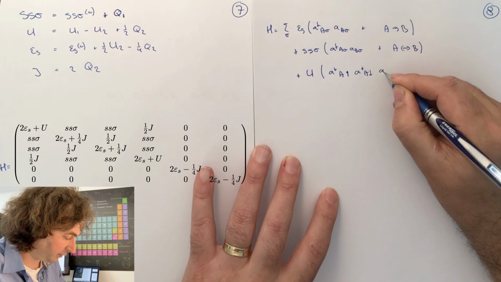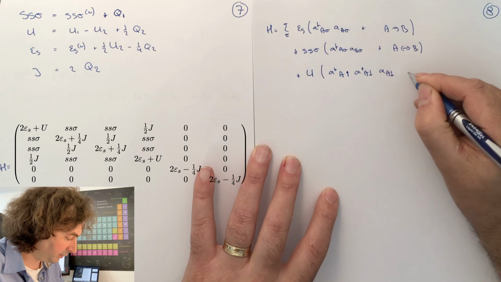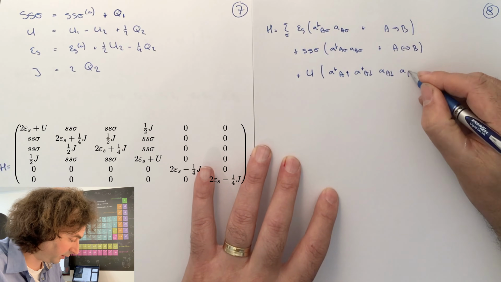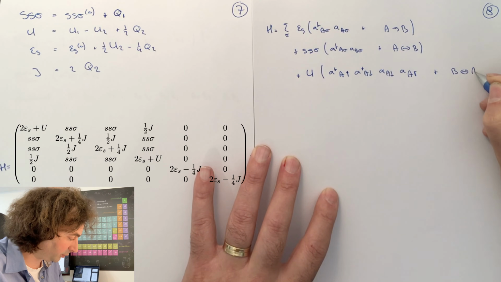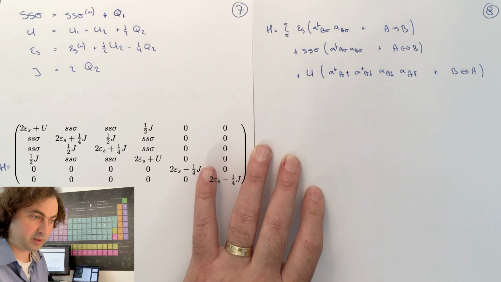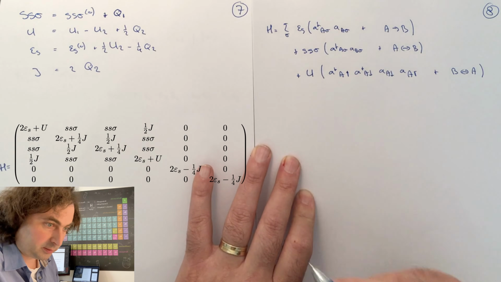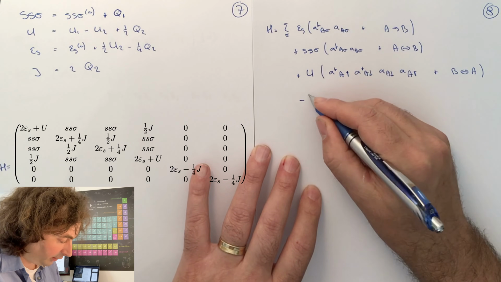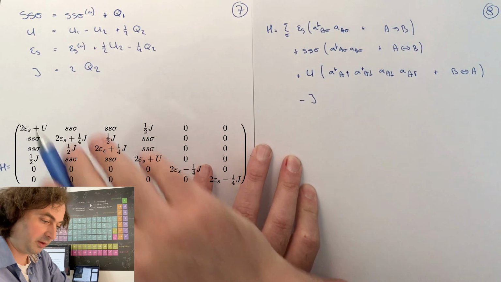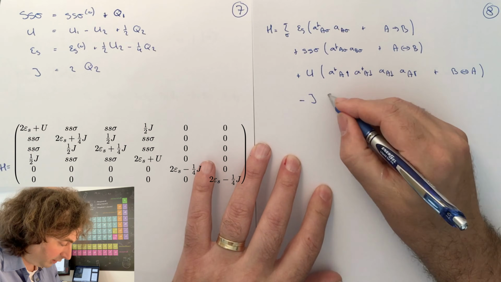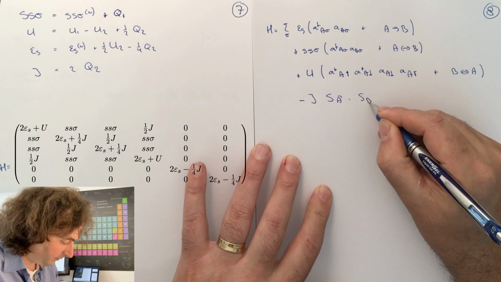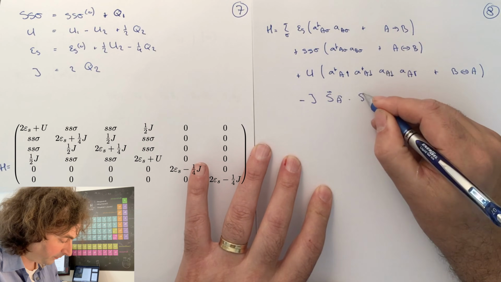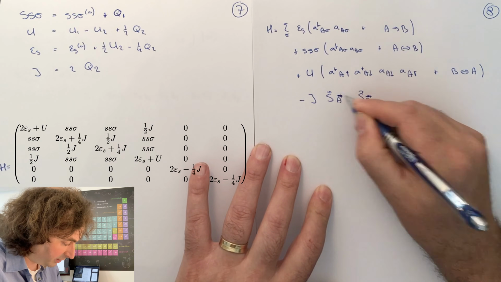So we want to have an electron with spin down at site A and an electron with spin up at site A. And of course the case where we interchange up and down. Then we have the term that depends on J, and that is given by the spin at site A dot the spin at site B. These are not vectors, but the spin is a vector.